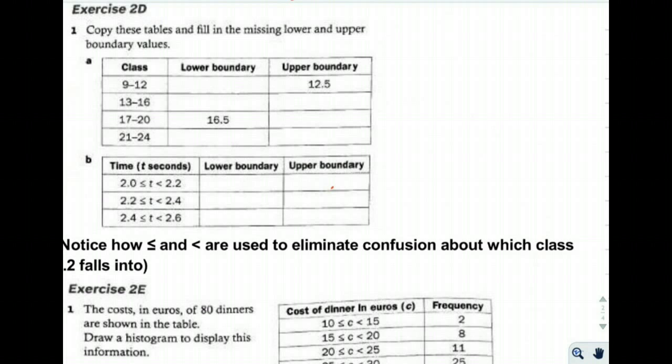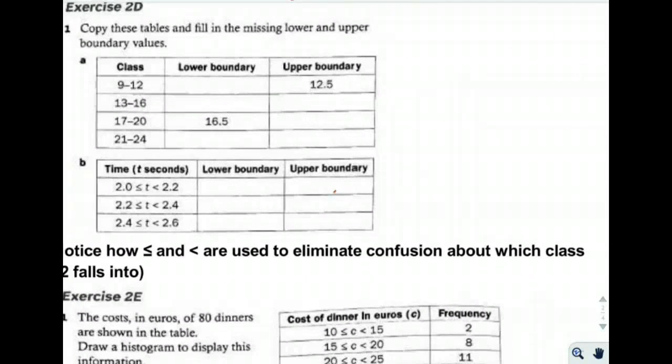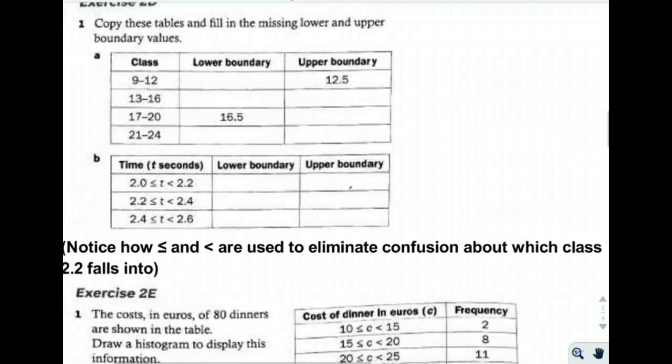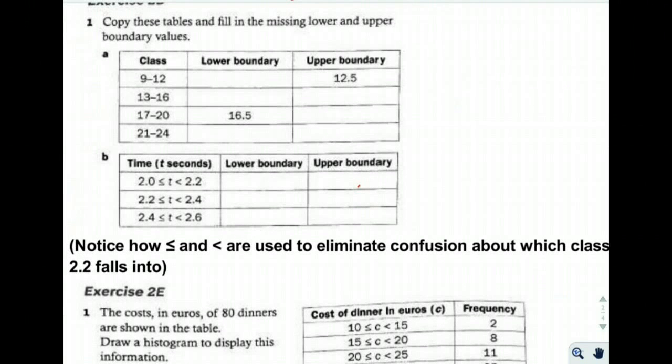Here we can see that they call the left edge of a data class a lower boundary, the right edge of a data class the upper boundary. The thing about a frequency table in graph in math studies is that they want the upper boundary of one class to be the same as the lower boundary of another class.